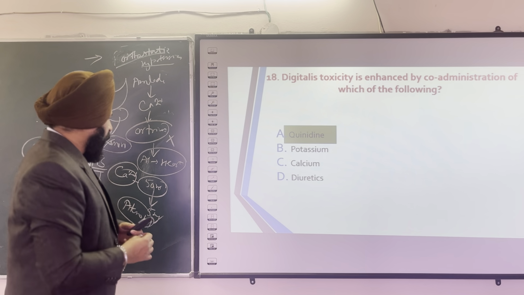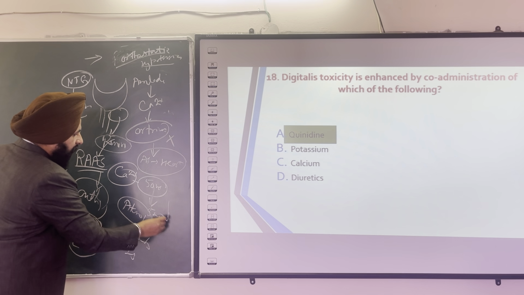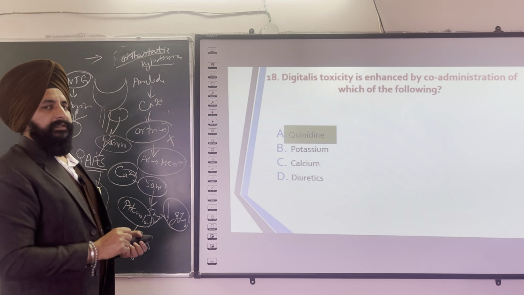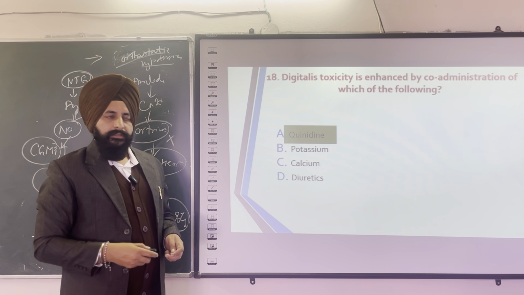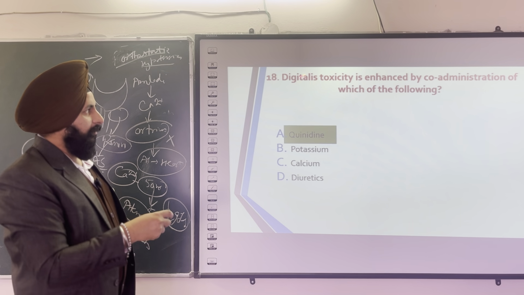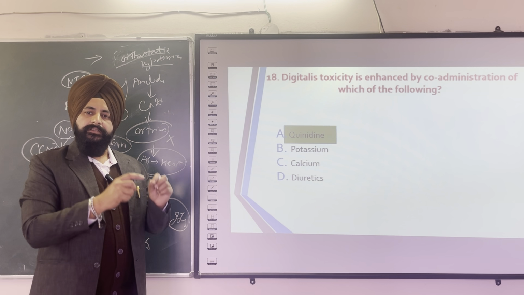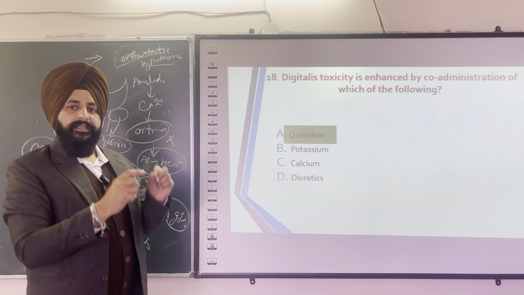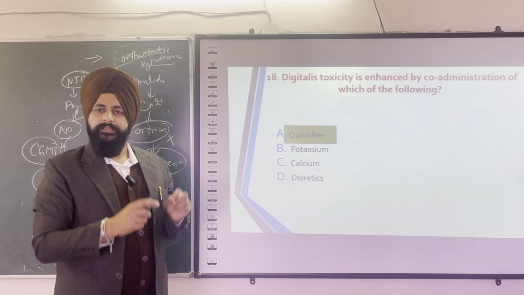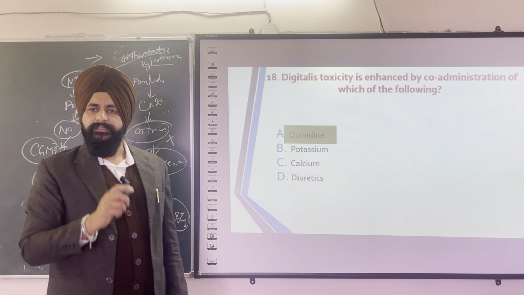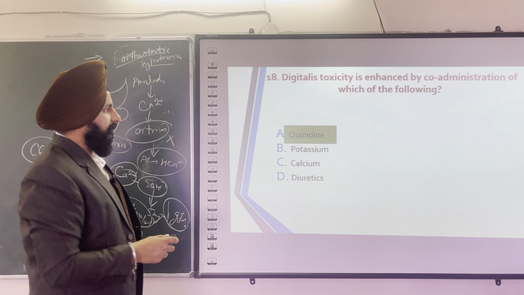The reason is quinidine reduces the renal clearance of digitalis, digoxin. So if you administer quinidine along with digitalis, digoxin, digitoxin, they can be accumulated in your body, in your blood, because quinidine reduces clearance. This is the right answer.